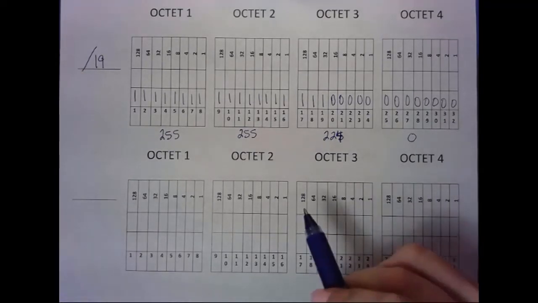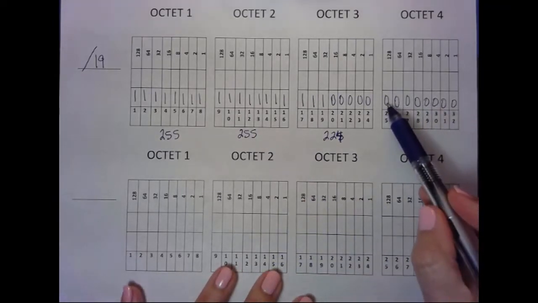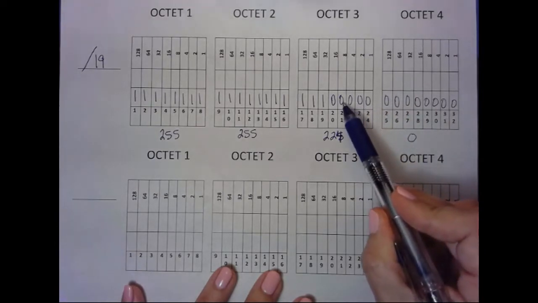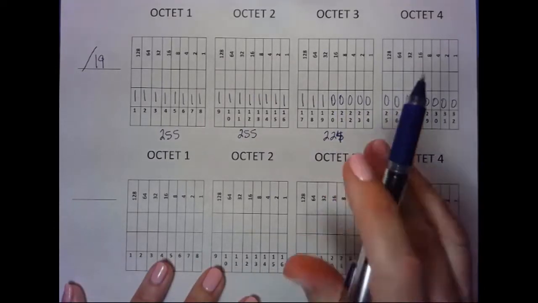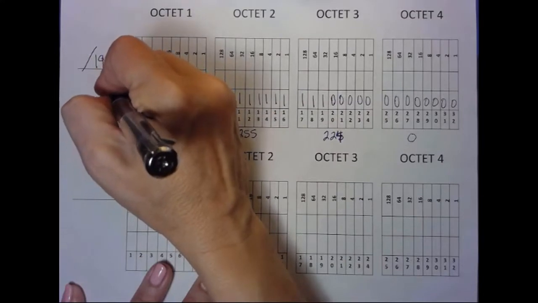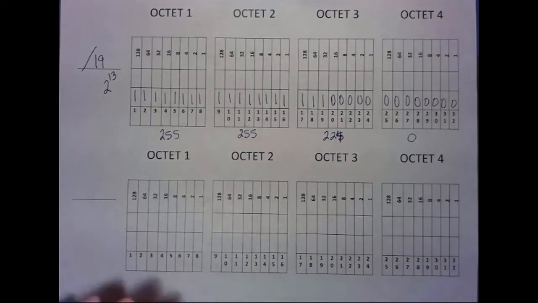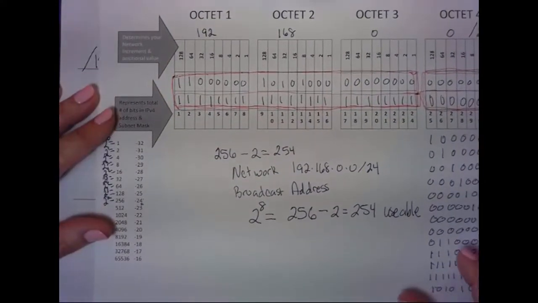So how many usable host bits do I have? I have 8 host bits right here, 9, 10, 11, 12, 13. So I could do the math, right? So I could do 2 to the power of 13, which right off the top of my head, I don't know what that is. So what I'm going to do is let me go ahead and pull my chart back up here. Take a look.